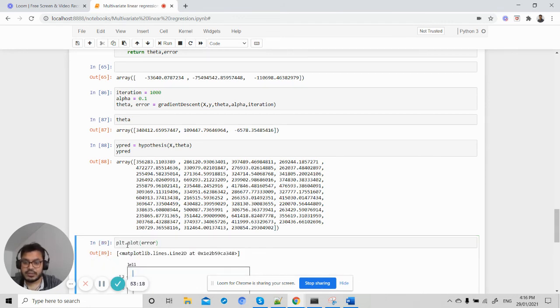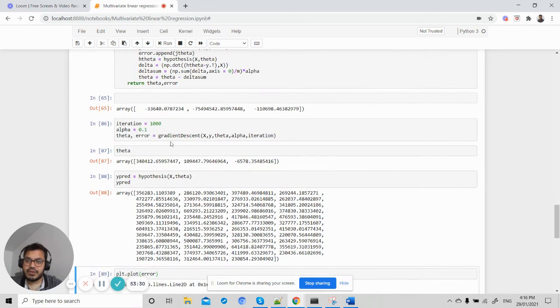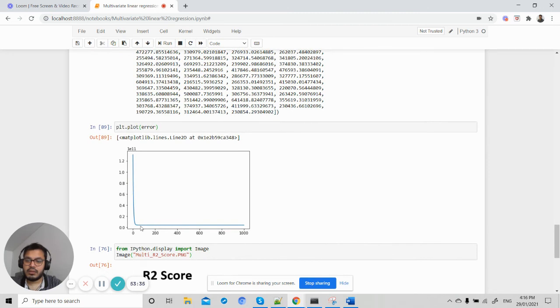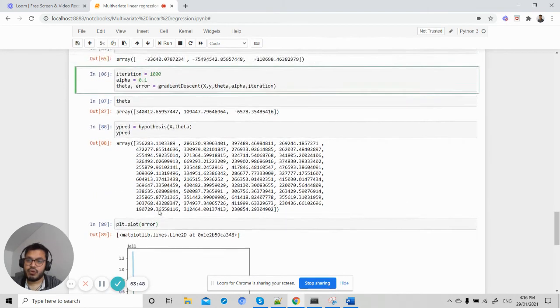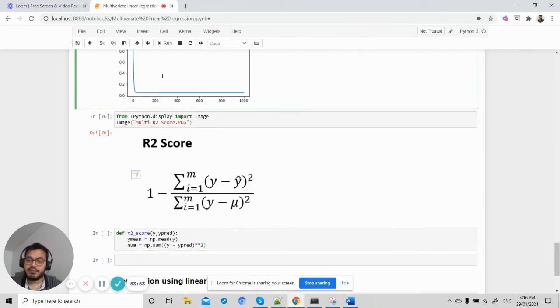So if we plot this error, we can see that it is sharply decreasing, and from near about 50 iterations we can say our value of theta is constant, so we don't need to iterate through 1000 loops, and we can iterate till 100, because after 100 our error is consistent. Okay, so we can iterate through 100 loops. That's why we stored our value in an array.